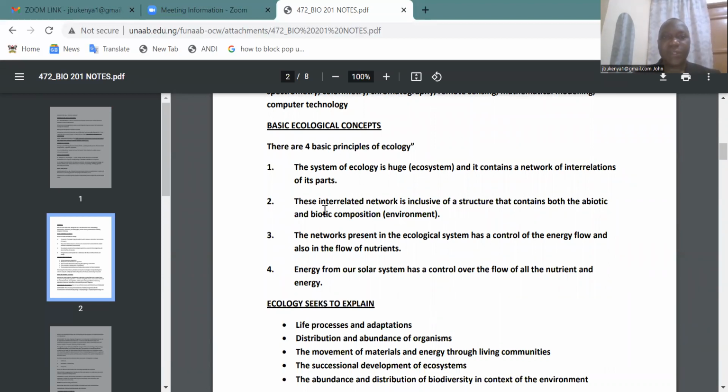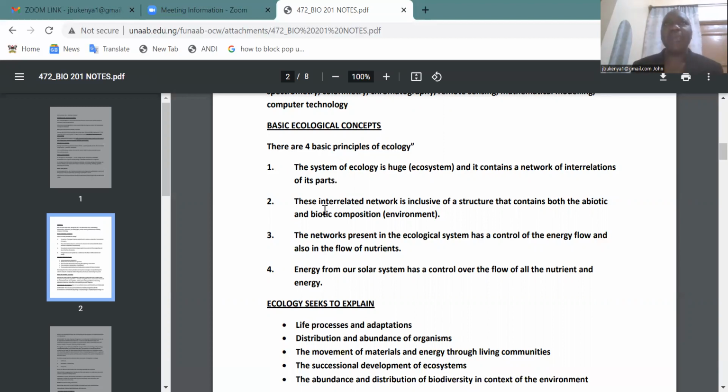There are these basic ecological concepts or principles. Number one, that an ecosystem contains a network of interrelations of its parts. Just like you've heard about the systems theory, an ecosystem is an integration.